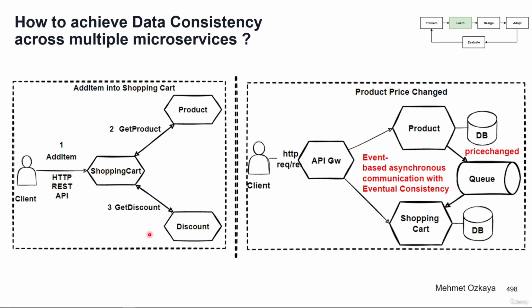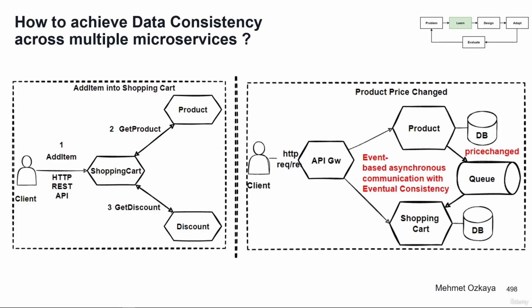That means the actual product price could change after the item is added to the shopping cart. So when the product microservice changes the product price in its own database, that price information should also be updated in the product items of the shopping cart microservice. And it is also good to notify the customer that the product price changed in their shopping cart.